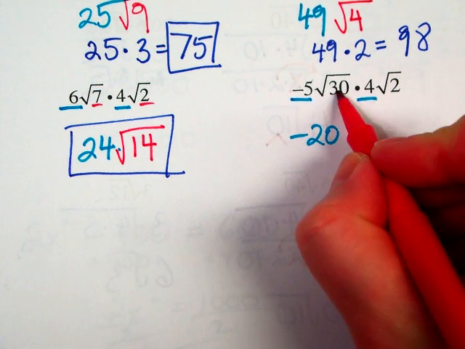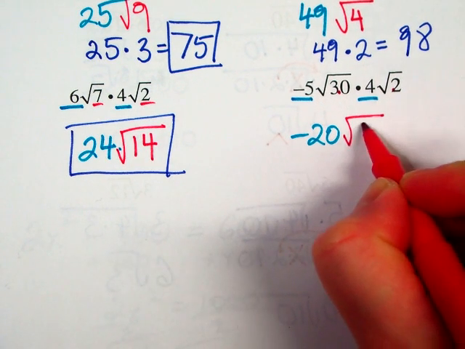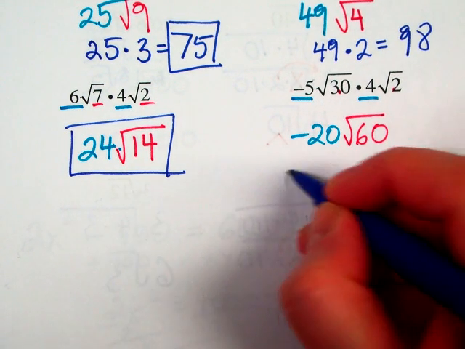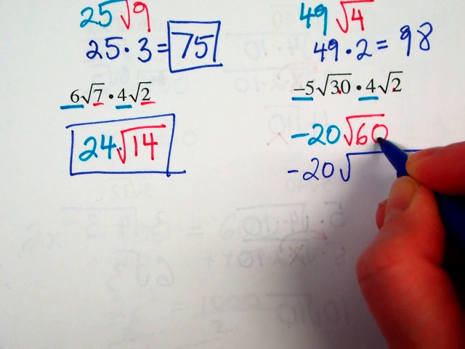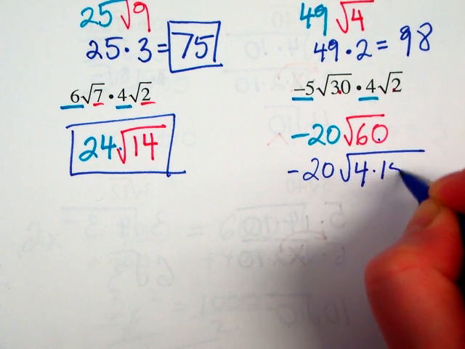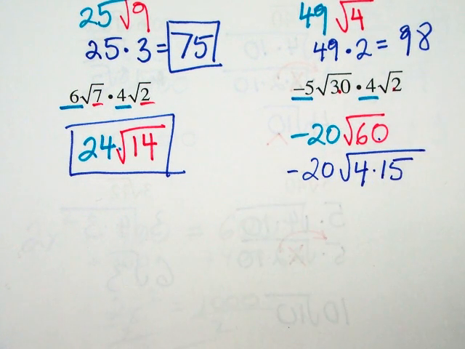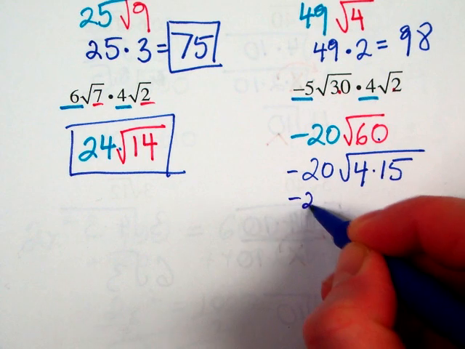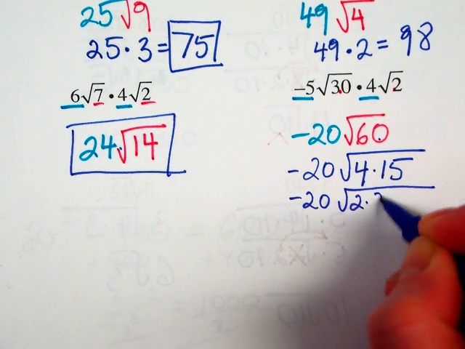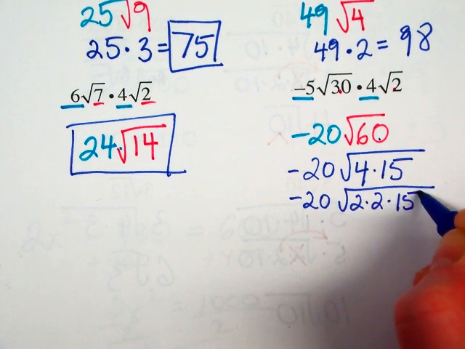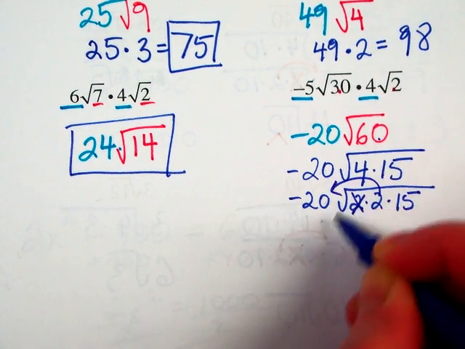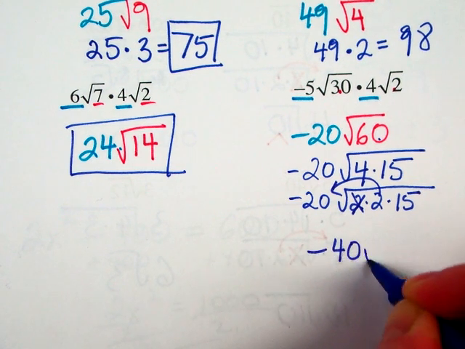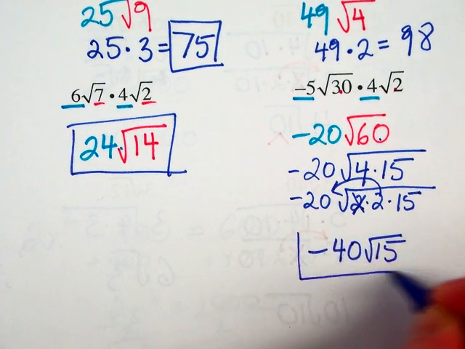Square root of 30 times square root of 2 is square root of 60. Find the biggest perfect square for 60. That works out to be 4 times 15. This is 2 times 2 times 15. This one flies, this one fries, and you get negative 40 square root of 15 as your answer.